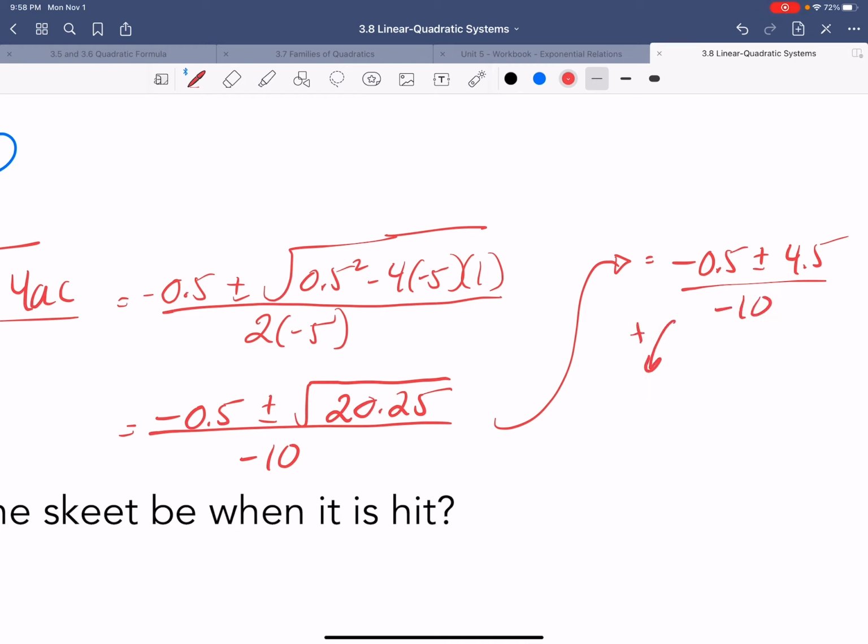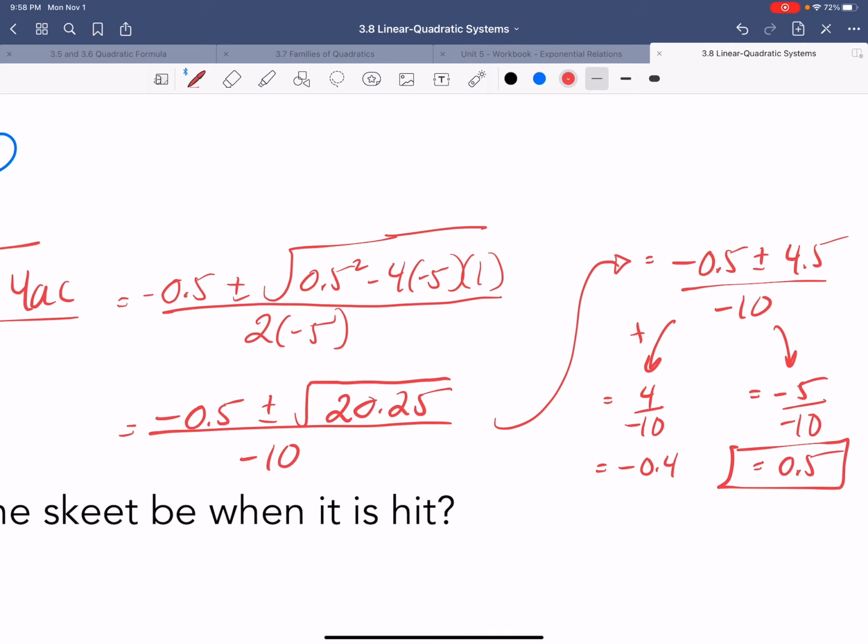So if we add, I'll get 4 over negative 10, which is a negative number, so I know that can't be the answer. But if I subtract negative 0.5 minus 4.5, I'll get negative 5 over negative 10, which is 0.5.